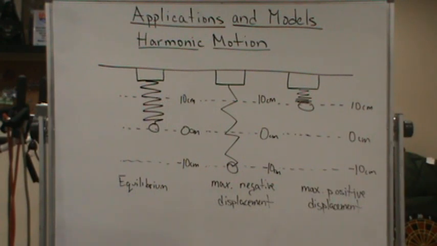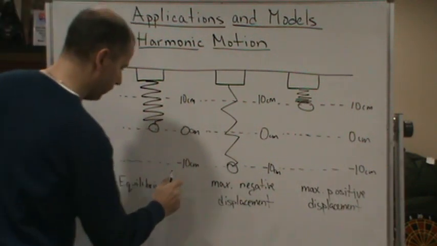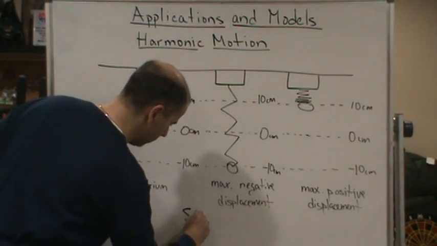And now, motion of this nature can be described by using a sine or a cosine function, and this is called simple harmonic motion.